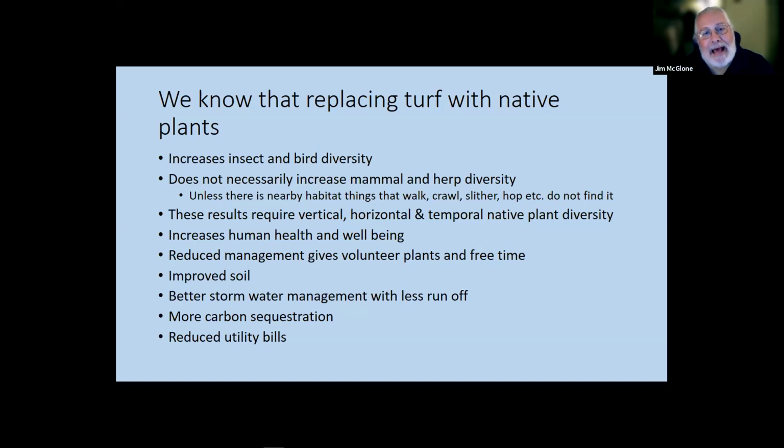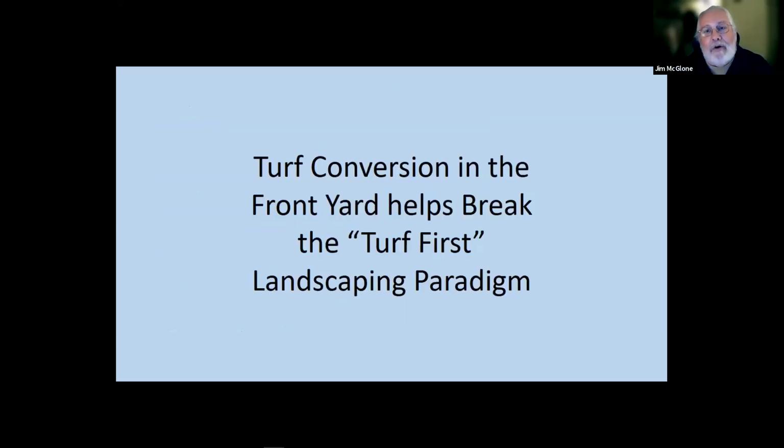But to get that expansion and get people to plant, and this is why we're talking about front yard forest, you need to do it in your front yard because that's going to help break that turf first landscaping paradigm.